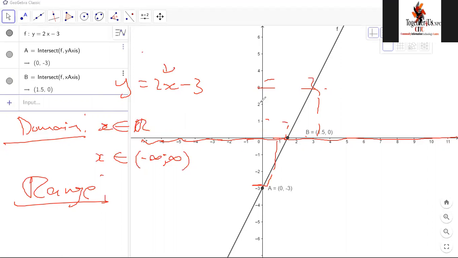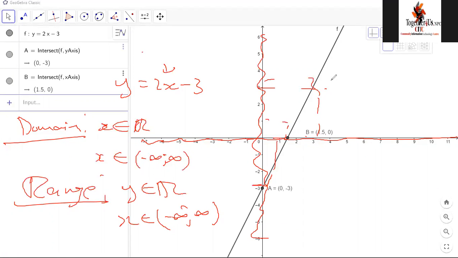So for the range, we're going to look at the y-axis now. We check if the graph exists for all values of y. And for the straight line function, indeed, we can see that yes, y will be any real number. In other words, for any real number that you put in here, you will get a real number also.